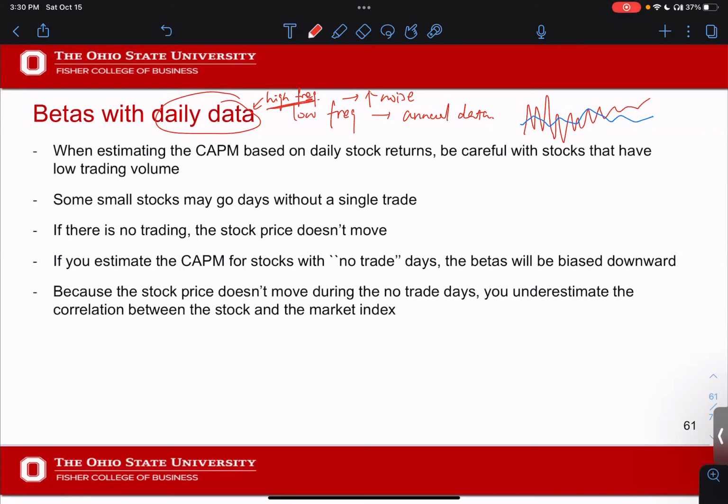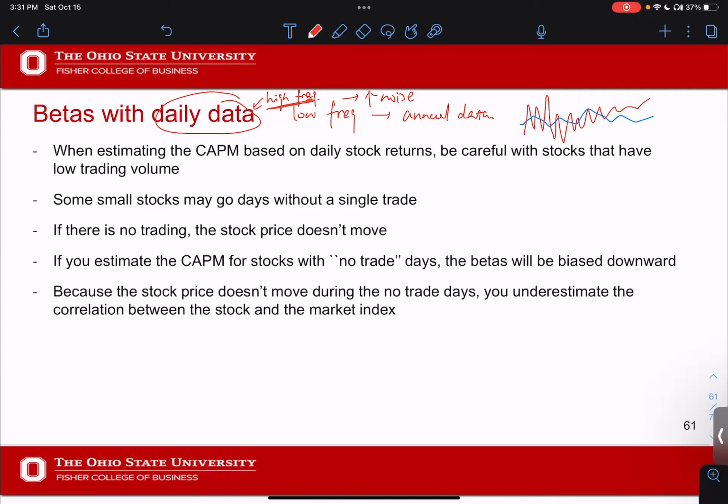Then you will have 250 data points for the return if you use daily data. So that's usually the case when people want to use higher frequency data, because you're going to have many more data points. And according to statistics, the more data, the better. However, it is facing the noise or measurement error potentially. So it's always a trade-off, but people still want to use the higher frequency sometimes.